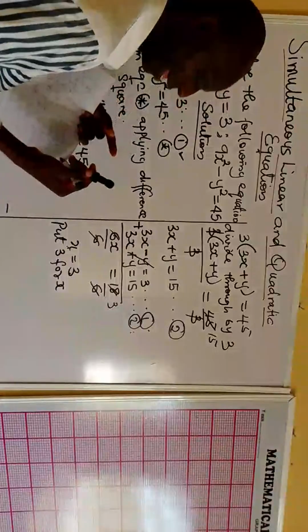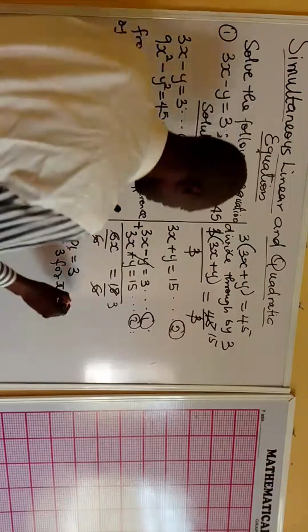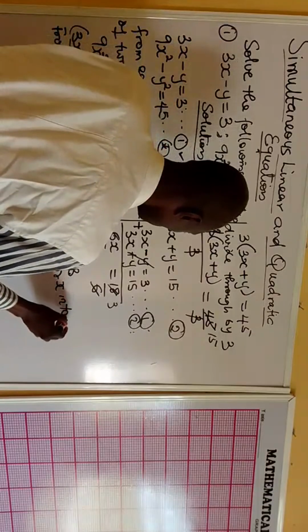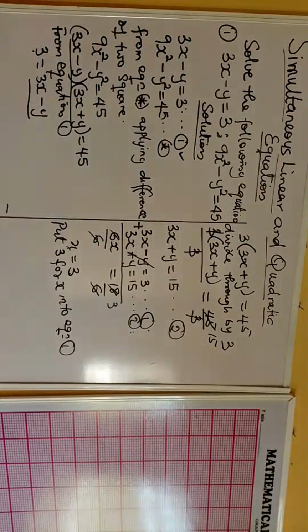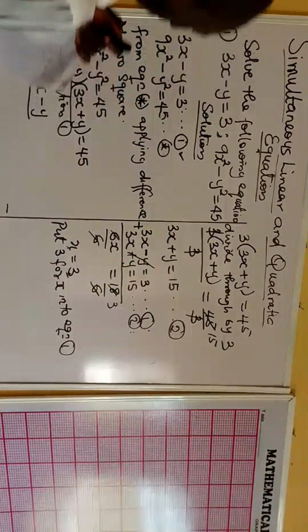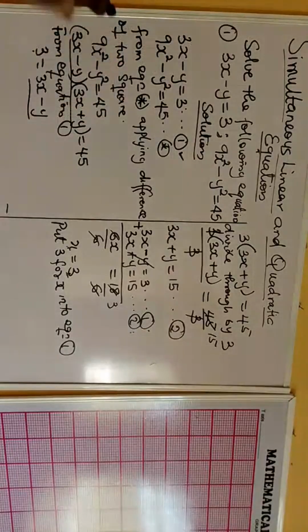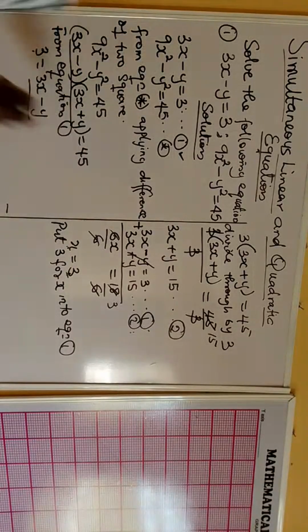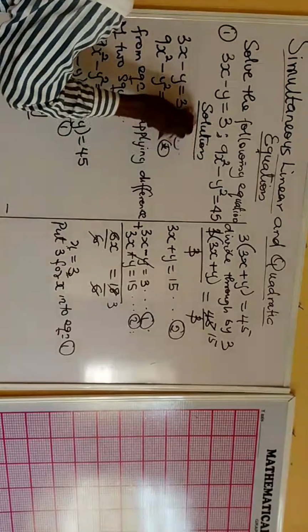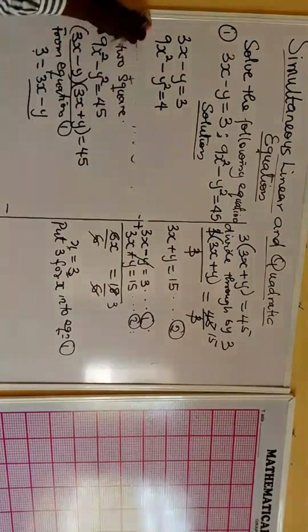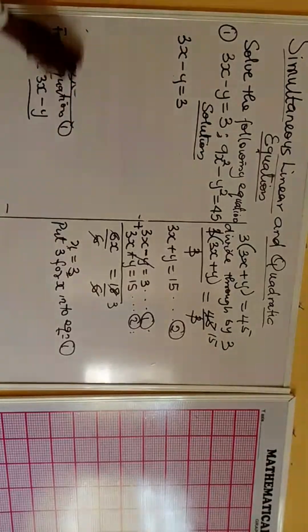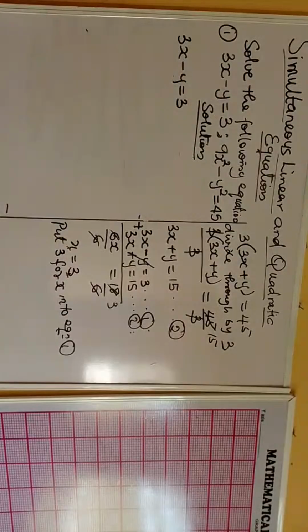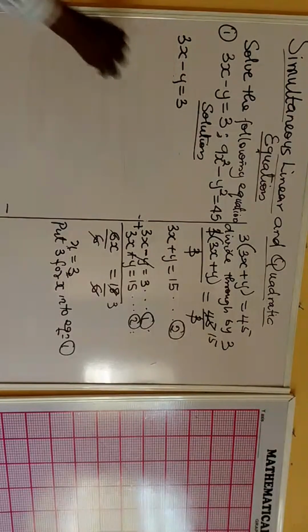So let me take equation 1. Take note, I've got a value for x already, and I'm going to equation 1. Equation 1 says 3x minus y equals 3.